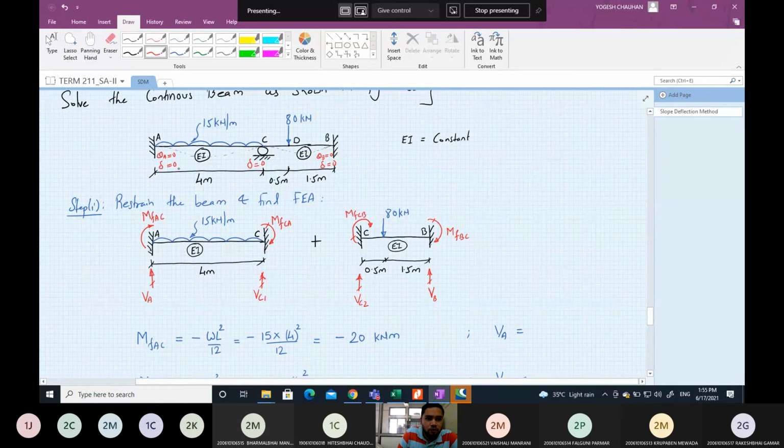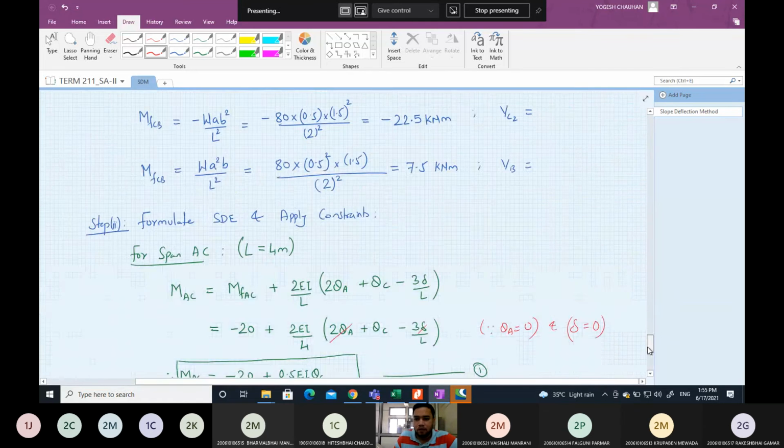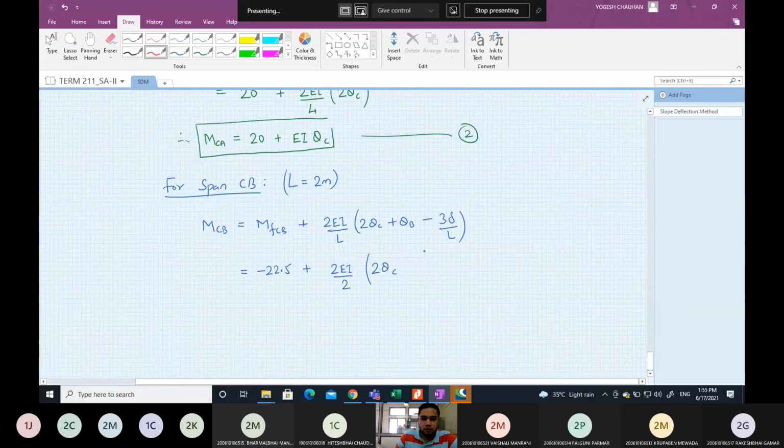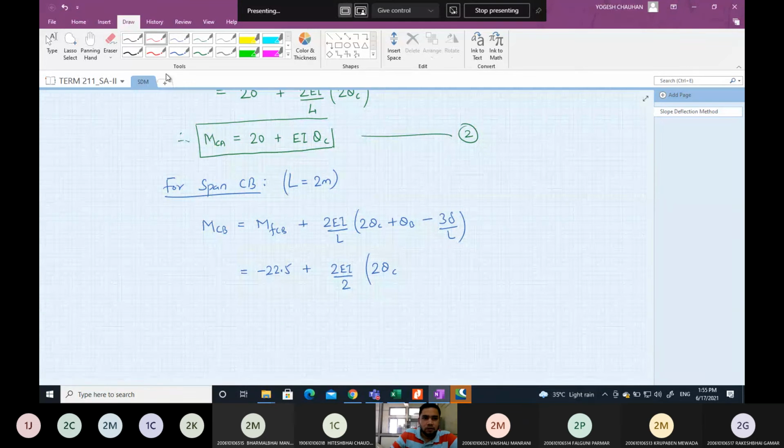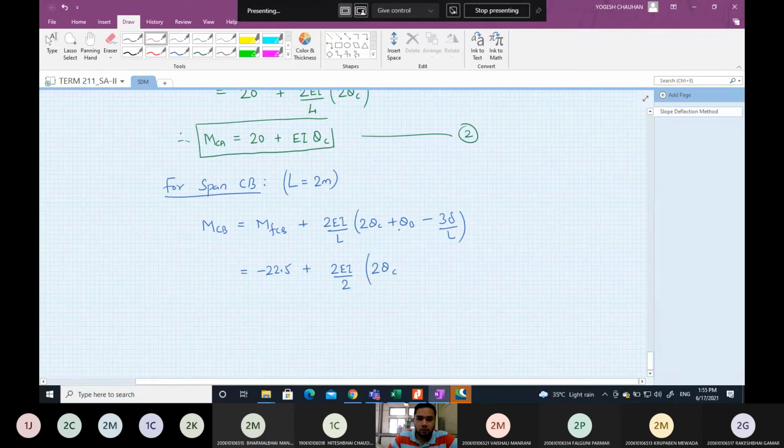There is no sinking of support A with respect to support C, no sinking of support C with respect to support A, no sinking of support C with respect to support B, and no sinking of support B with respect to support C. So theta B is 0 and delta is 0.